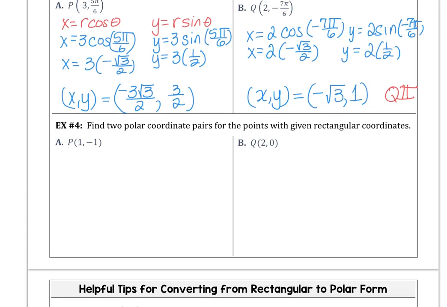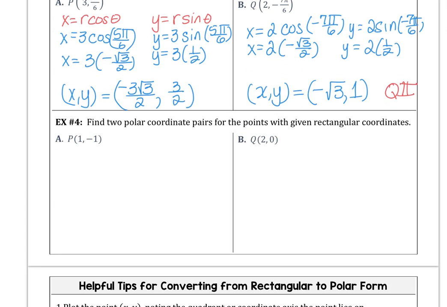In example 4, we're going to find two polar coordinates for the points that are given in rectangular coordinates. This is an xy value, and we have two new formulas. Our formula for the radius is the square root of x squared plus y squared. And the formula for theta is the tangent inverse of y over x. So let's think about this.